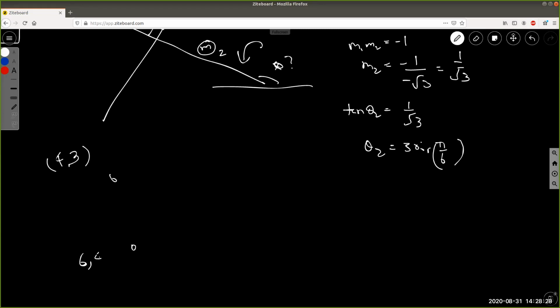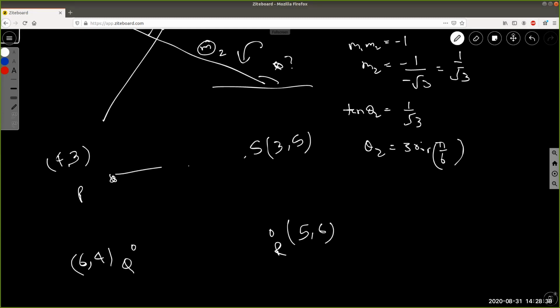So basically we need to prove that the angle is 90. Sir, so we need to prove that the angle between any two of them is 90 degrees. What will you do? So we'll calculate the slopes.